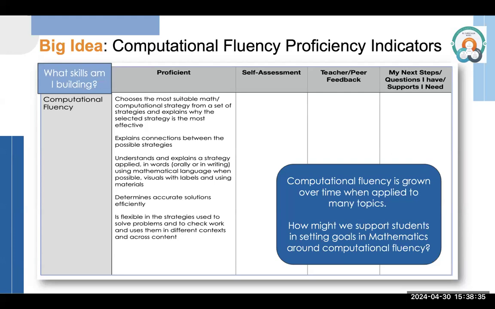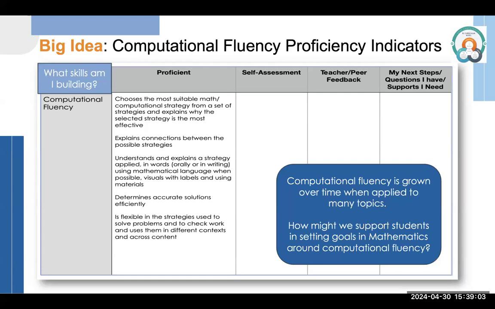So in computational fluency, we're going to support students with choosing the most suitable math strategy from a set of strategies and explaining why they selected this strategy that's most effective. They'll be explaining connections between possible strategies. They're also going to look at sharing understandings in words and other representations, especially when they're practicing using math language.